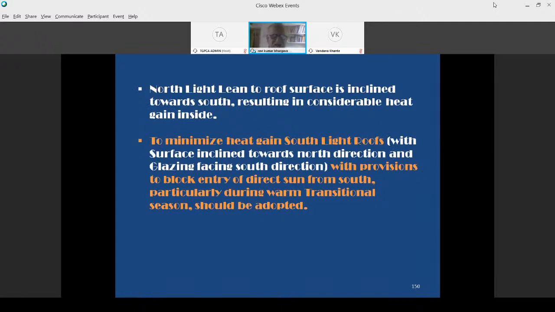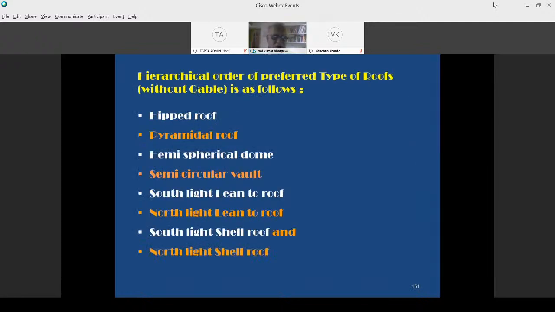This we have already discussed. Then hierarchical order after my study. Hierarchical order of preferred group form is number one hip group, number two pyramidal group, hemispherical dome, semicircular vault, south light lean to roof, north light lean to roof, south light shell roof, north light shell roof. This is the hierarchical order in order of preference.